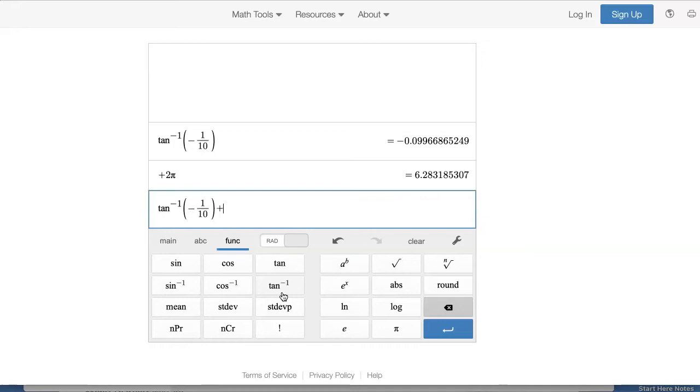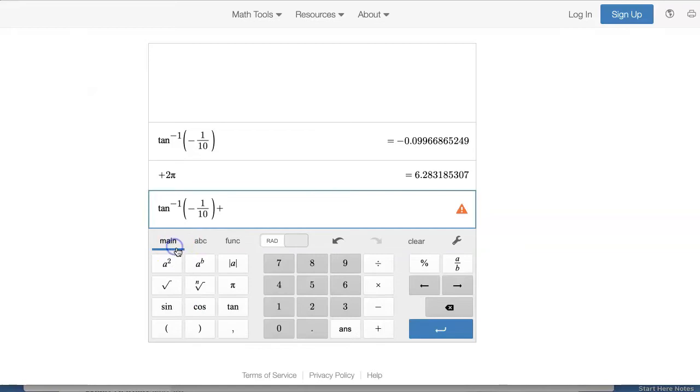Okay, and then I'm going to have plus pi. That's going to give me my first value. After I write down that first value, 3.0419, I'm going to add another pi onto it and get my second value, which is now 6.1835.